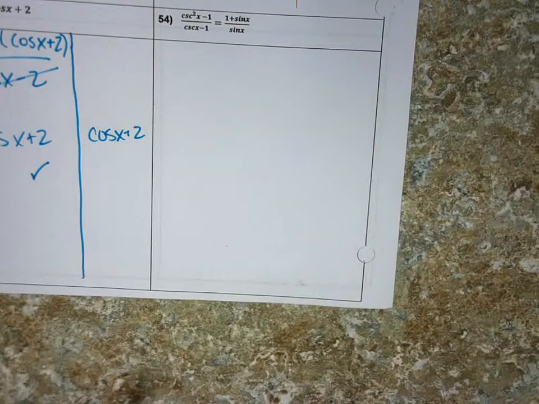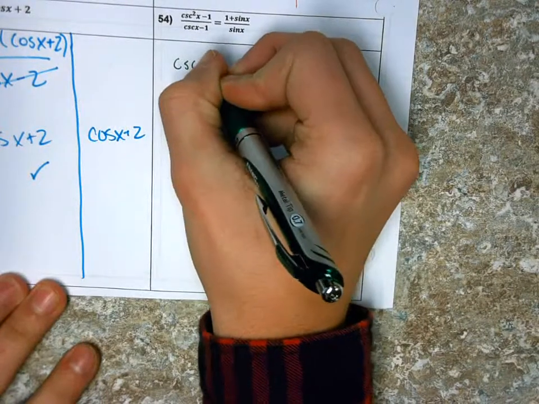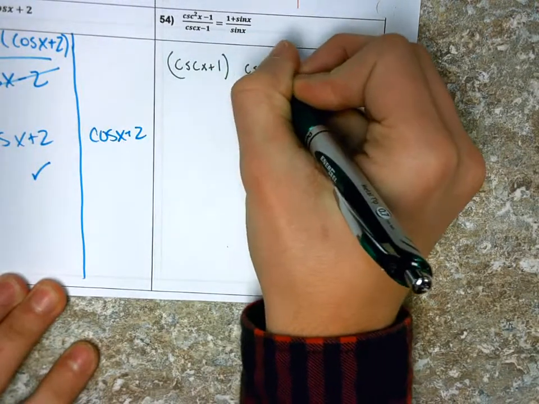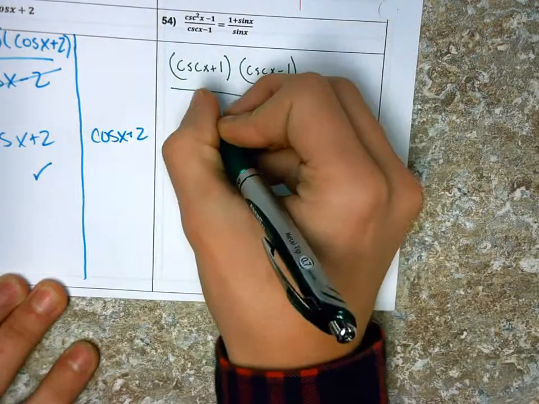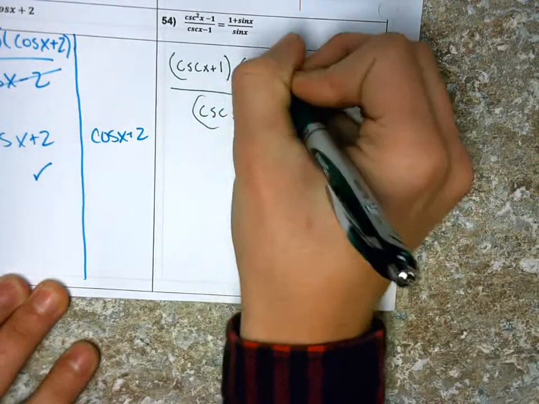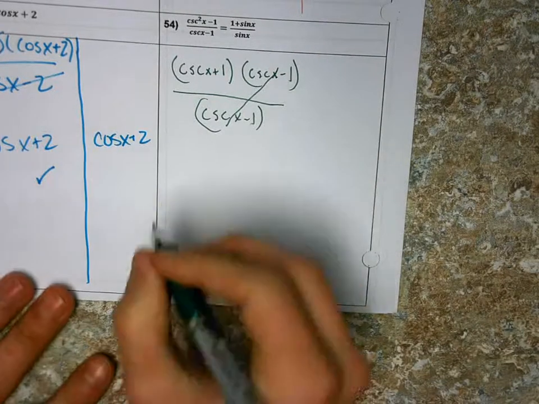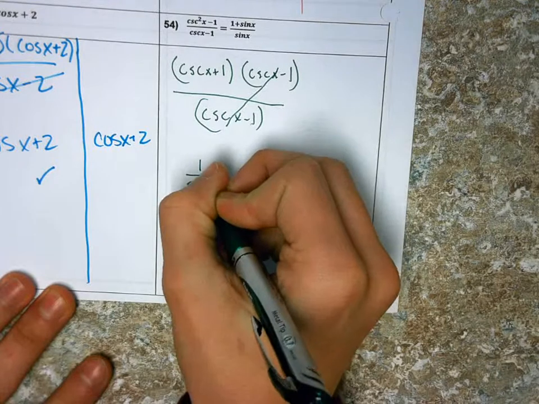It's basically the same thing as the last one, where you're going to do difference of squares. So you have cosecant x plus 1 and cosecant x minus 1 on the top, and then you can cancel out the two cosecant x minus 1s. So you just have cosecant x plus 1 left over. And then you can take cosecant x and make it into sine, so it would be 1 over sine x and then plus 1 on the outside.